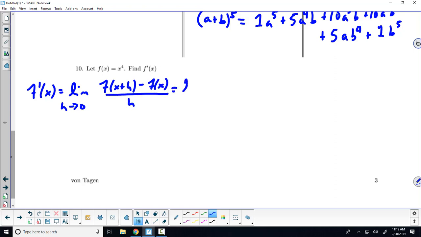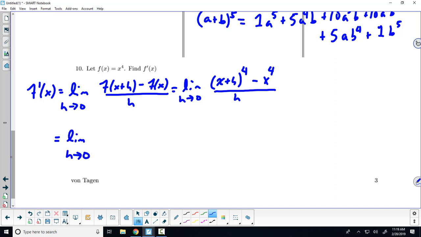So that's going to be the limit as h approaches 0 of x plus h raised to the 4th power minus x to the 4th power, all over h. I'm going to have to FOIL this out. Normally that would be a pretty daunting task, but we now have Pascal's triangle.